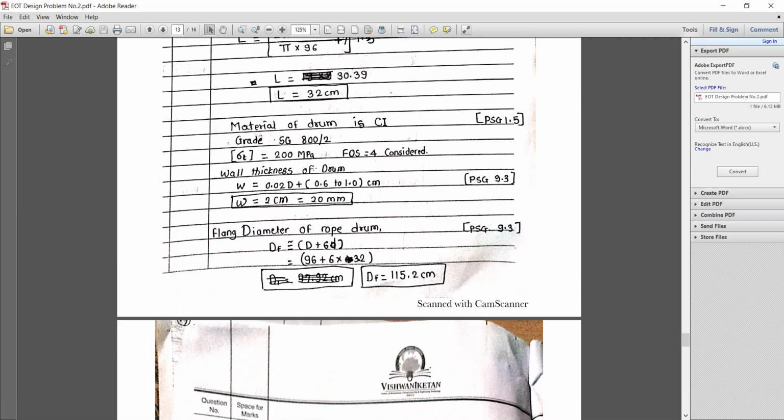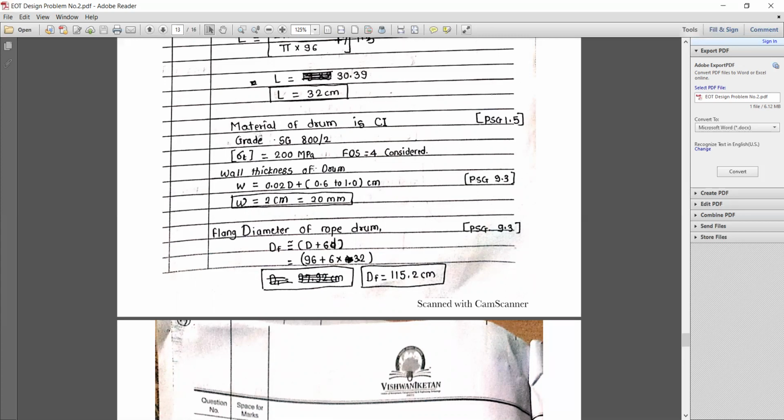Now let's check the wall thickness of the drum. We haven't calculated the wall thickness and other dimensions of the drum, so we can calculate by referring page number 9.3.